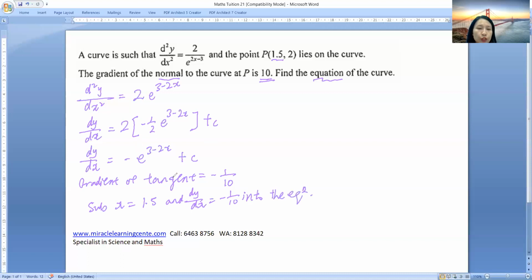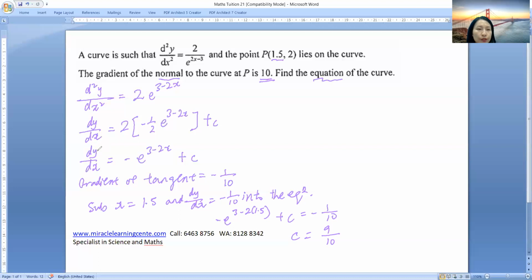So we have e to the power of 3 minus 2 bracket 1.5, plus c is equal to negative 1 over 10. We substitute both inside this equation. So we'll find that when x equals 1.5, we'll get c equals 9 over 10.